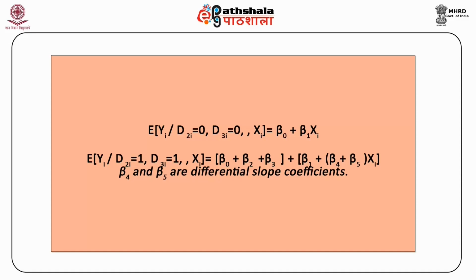In other words, in this example, beta 4 and beta 5 are differential slope coefficients.